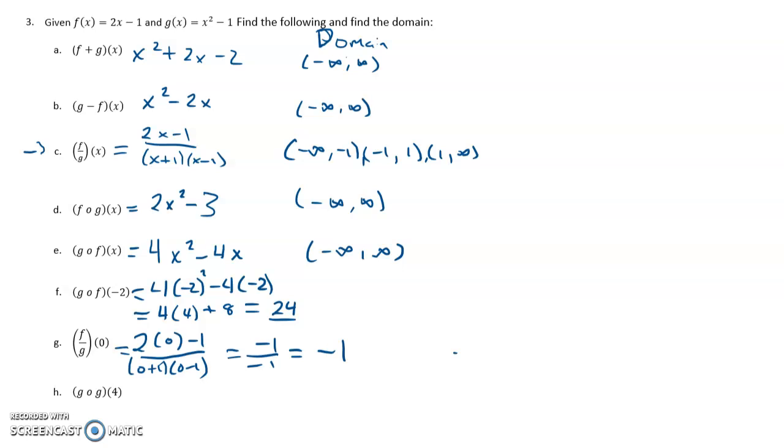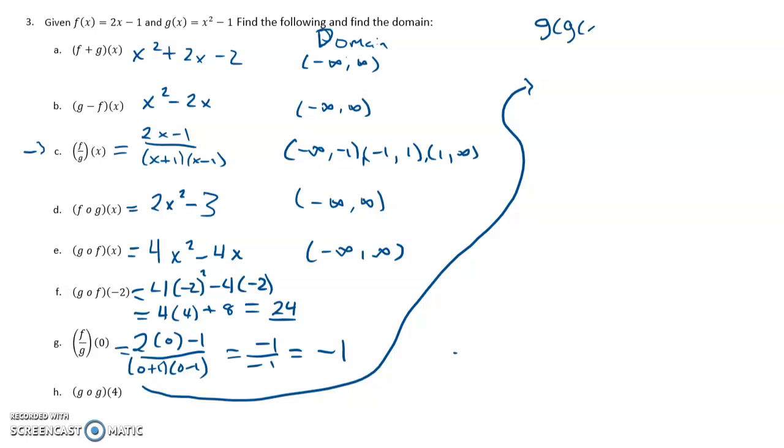And then this last one is g of 0. I'm going to work this over here because I don't have enough room. I don't have g of x yet, so I need to find the g of x first. Well, what is the g of x? It's x squared minus 1, so it's going to be blank squared minus 1. Then I'm going to plug the function g in there, so g of x is x squared minus 1. And I need to open this up, so this is x squared minus 1 times x squared minus 1, and then I've got this minus 1.